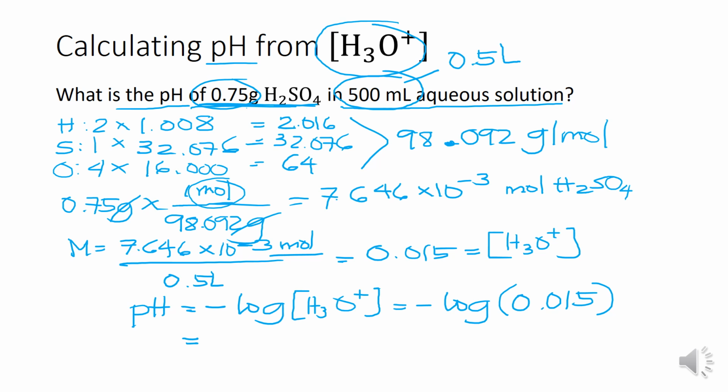So the pH is 1.824. This is the final answer, and since that is less than 7, of course it is acidic because we have sulfuric acid.